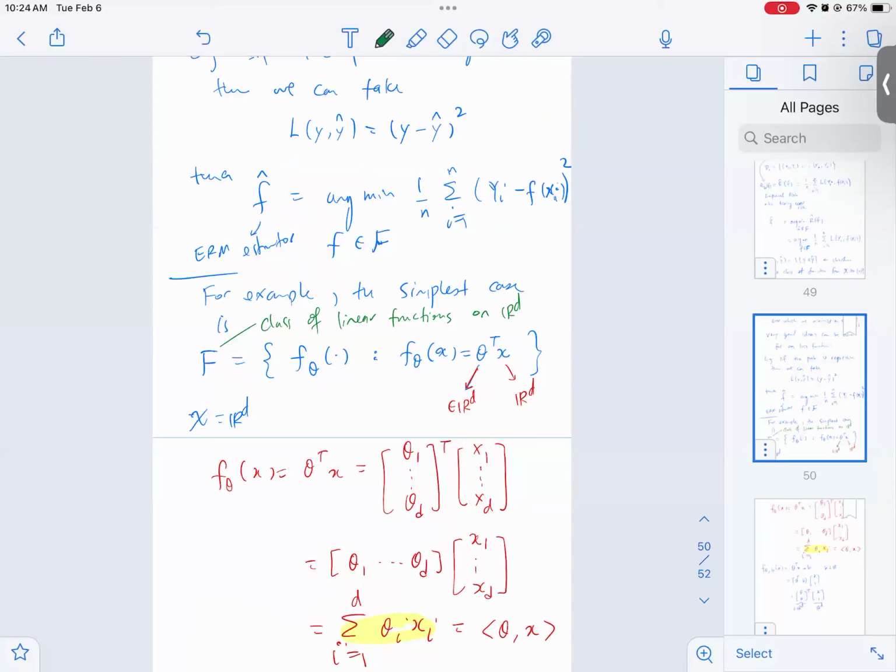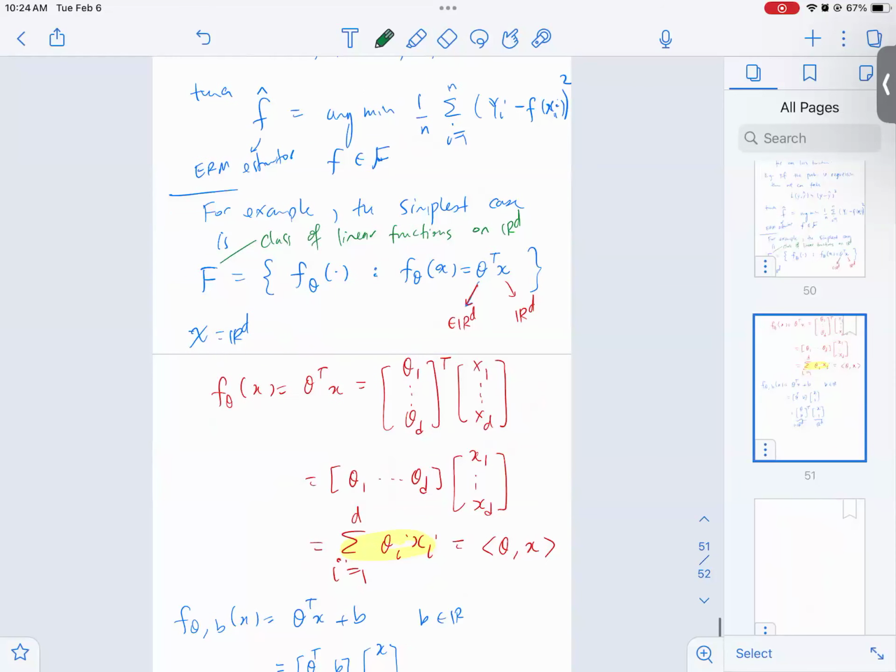If I ignore all the features, that's equivalent to taking this class of all constant functions. In that case, I would have an estimator of the regression function which is constant, and it's just y bar. You can use it as a baseline. If you can't beat that, then there's no point in continuing. But then the next level is these linear functions. Okay, so any questions about this?